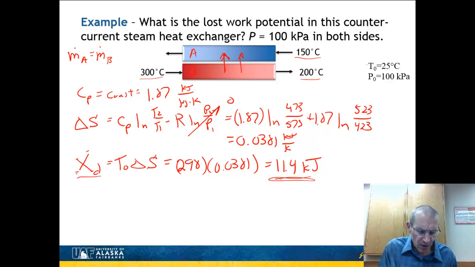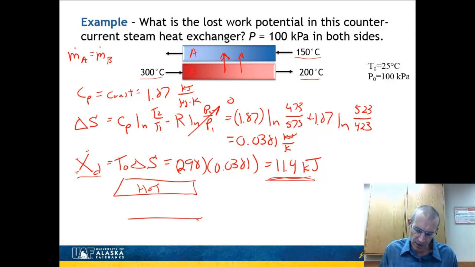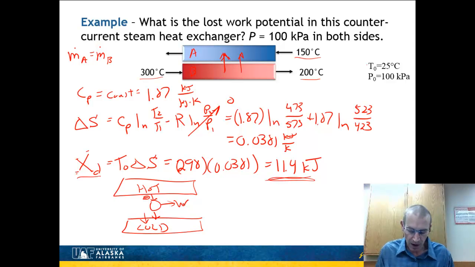But what does this 11.4 represent? One way to think of it is, if this was that hot stream and this was that cold stream, and instead of just putting them in a countercurrent heat exchanger, I'd put a heat engine in between them and pulled out the requisite energy from the hot stream, but generated some work and then dumped the rest into the cold stream, I would have some work here.